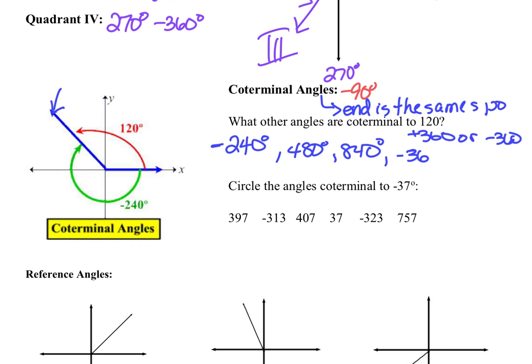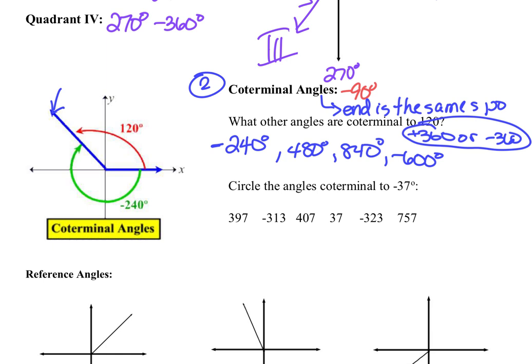I said 600 and wrote something else. So this is the second kind of angle, coterminal angles. Add or subtract 360, and you'll find all the angles that are coterminal to a given angle.